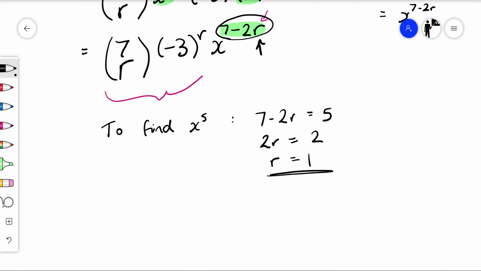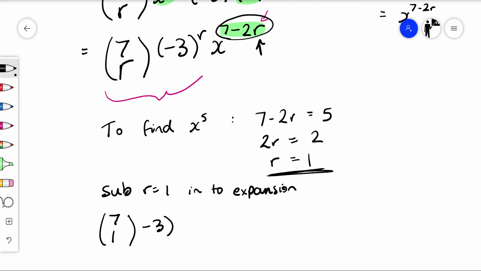So now that we know that r is equal to 1, we can sub that into our expansion. So it's going to become 7 choose 1, minus 3 to the power 1, x to the 5.